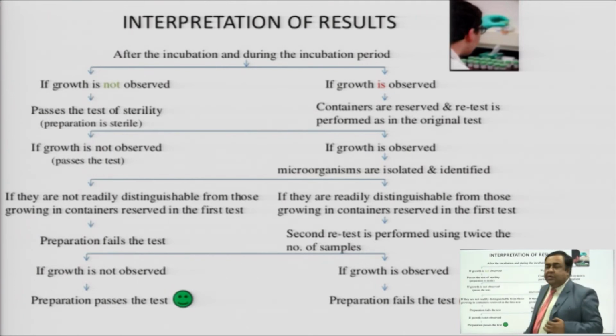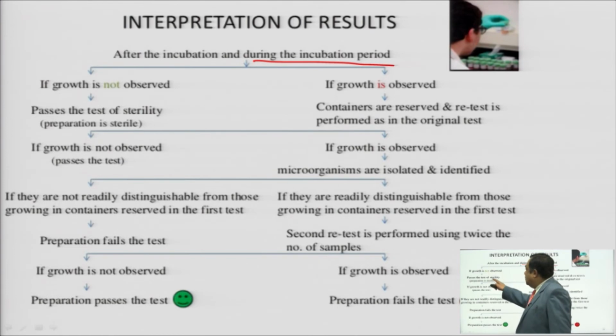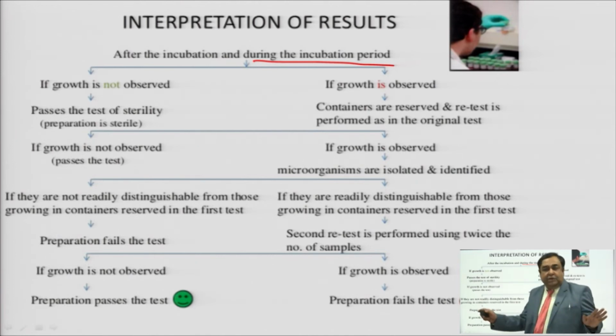If after incubation there is no growth, the test passes the sterility test. If the media is clear, it means the sample has been properly sterilized, you allow the batch to go and you put up a remark that the batch has passed sterility test as per IP.